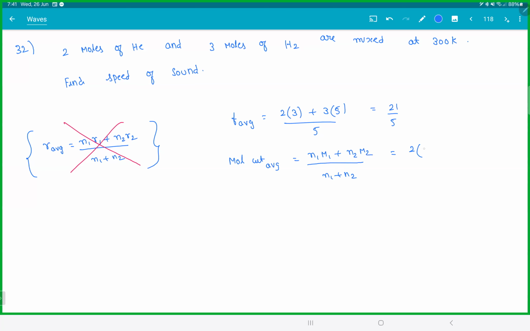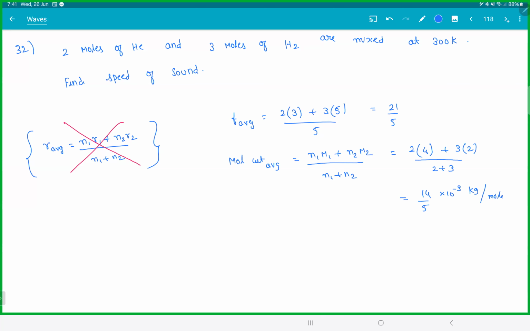That is 2 times 4, helium is 4, plus 3 times 2, hydrogen is 2, by 2 plus 3. That is 14 by 5. This is in grams. So 14 by 5, 10 power minus 3 kg per mole. Be careful. Always should be in kg.